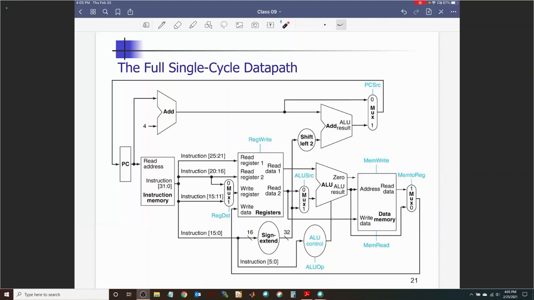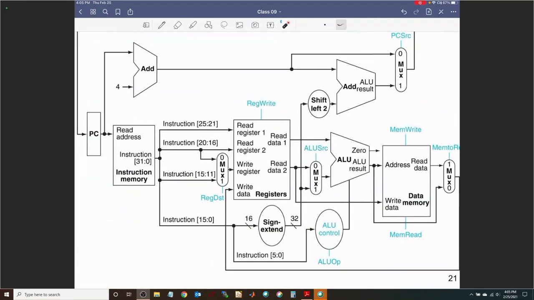Oh, by the way, I also need to talk about this ALU control, right? ALU control is another thing that got added here. Let me just take a moment to talk about that. The 6 least significant bits of the instruction, what are they? Those are for the function code, right? So those function code bits are an input to an ALU control block, which will allow you to find out which particular instruction is getting executed by the ALU.